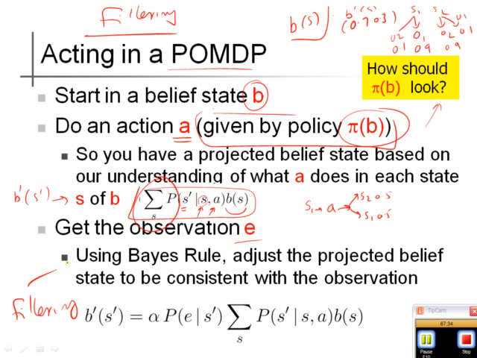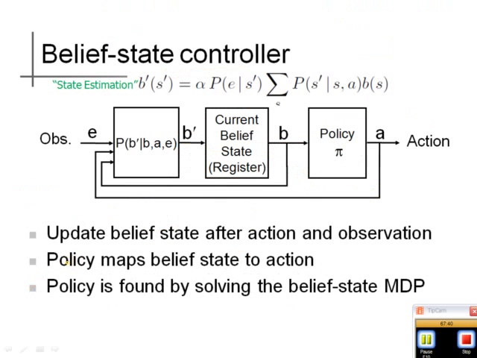If you think of this POMDP as an MDP in the belief states, which is what you see from this picture, what's happening is you're going from B to B dash directly. When you do action A and get an observation E, you're getting into B dash. So, can I write down the POMDP directly as an MDP in the belief space, which is what I've been telling you before? I just want to write down the formulas.